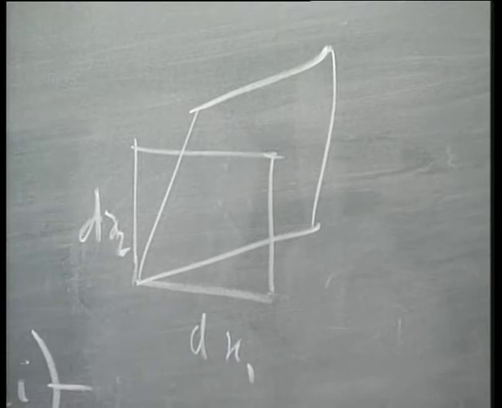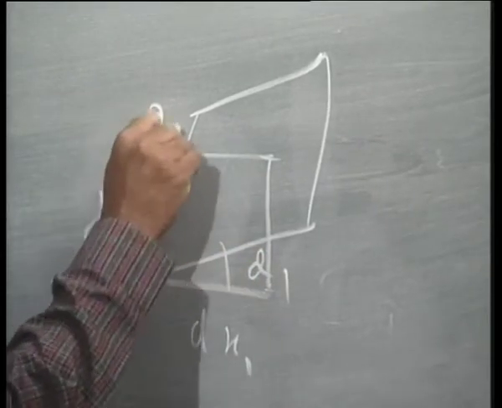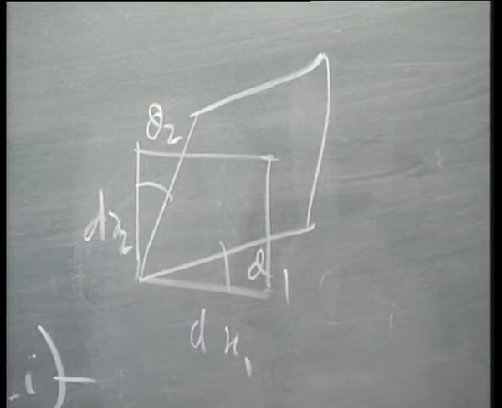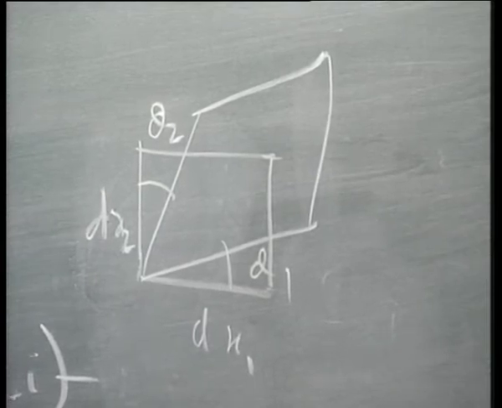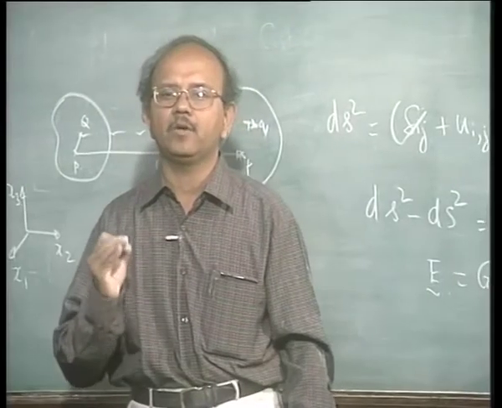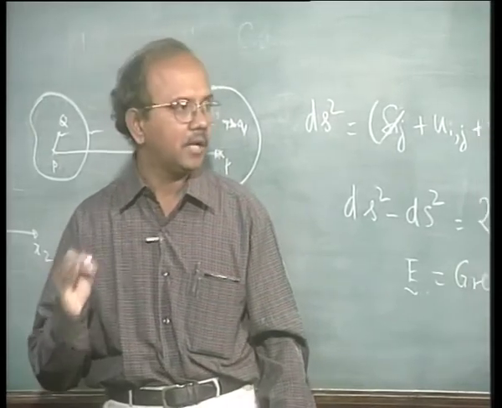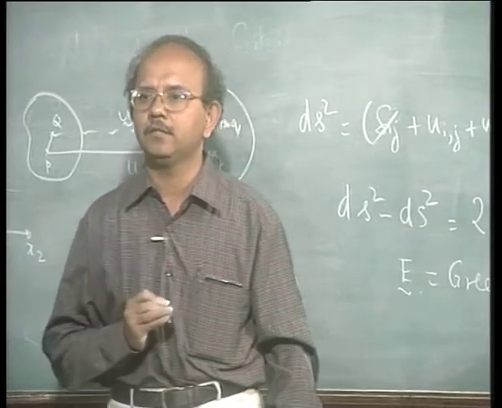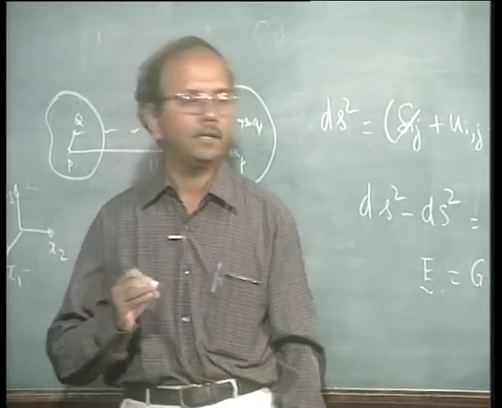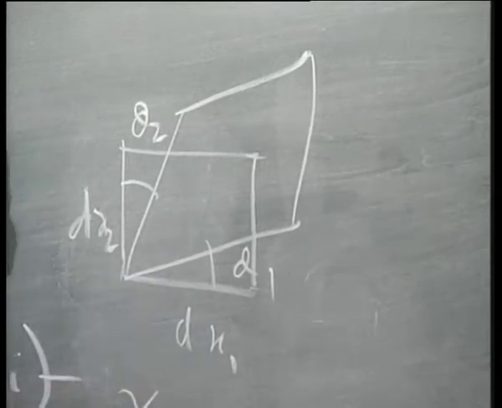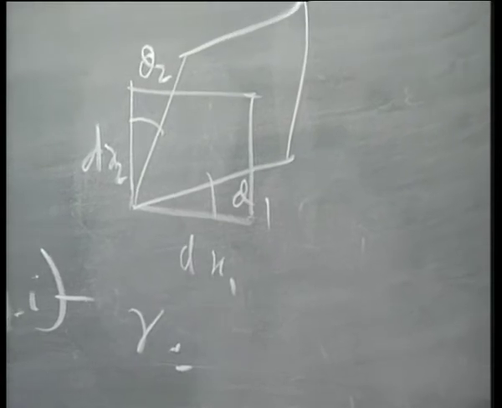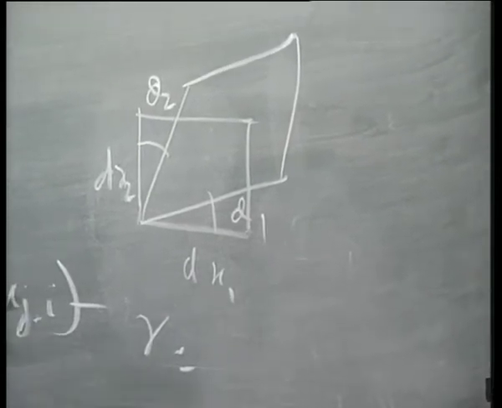First thing is, you have to note down what is theta 1 and what is theta 2. Is that clear? Then write down theta 1 and theta 2, and you would have defined what is called shear strain, gamma, to be theta 1 plus theta 2. Now what is theta 1?